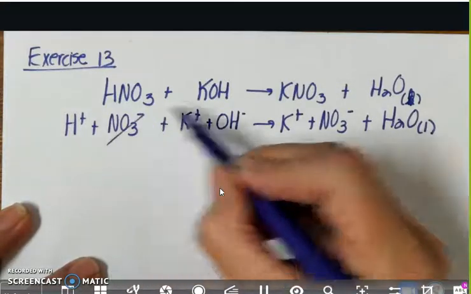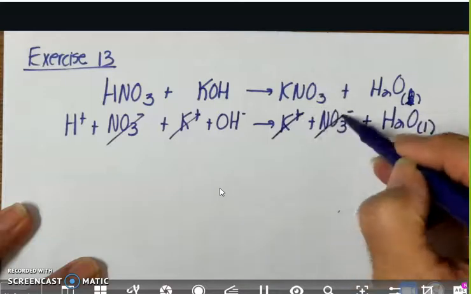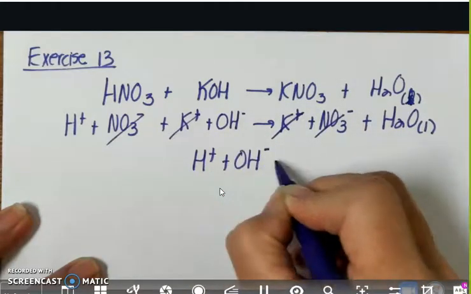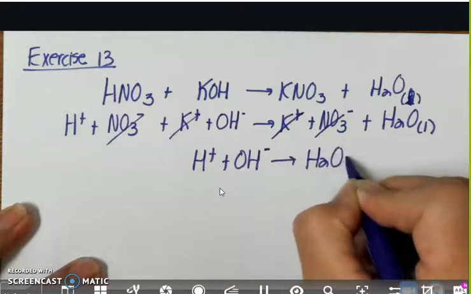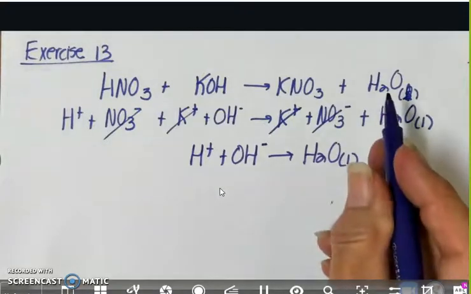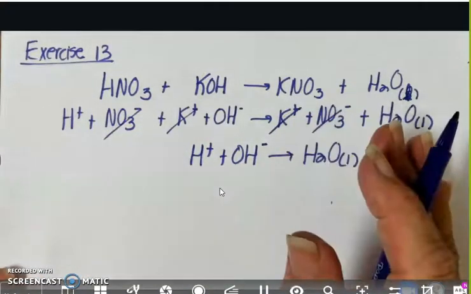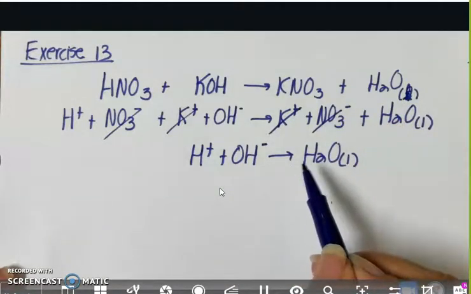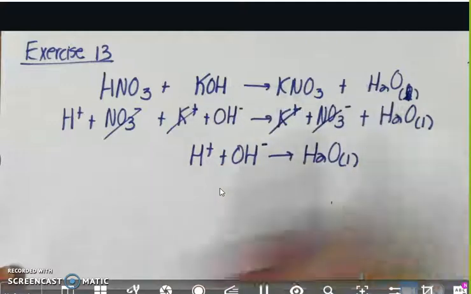I get rid of all my spectators, and I even have a net ionic equation. If it's going to ask me how many moles of water I'm going to make, it's exactly what we've always done. You can either go through the net ionic equation like we did on day 1, or I'm going to go through this equation like we did on day 2.